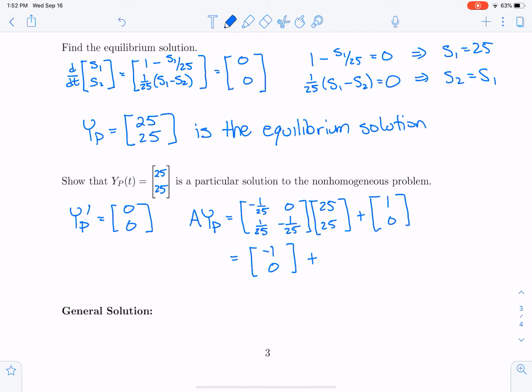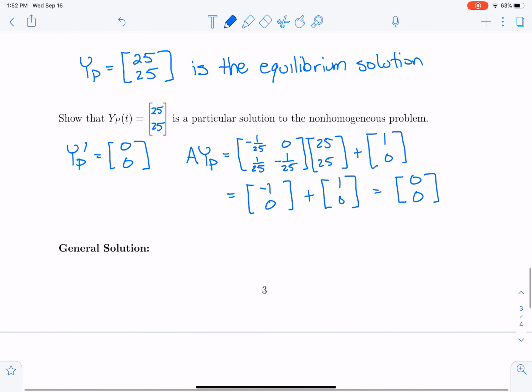And then of course I still need to add 1, 0. And so yes, A times yp does give me 0, 0. So 25, 25 is indeed a solution to the non-homogeneous problem. And in fact, it's the equilibrium solution. So that was kind of a nice way for us to find a particular solution.